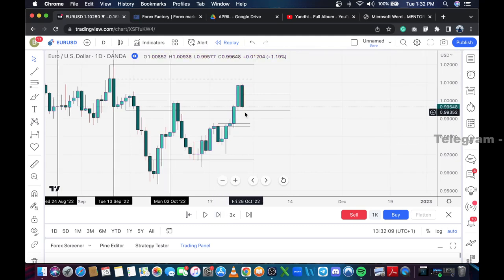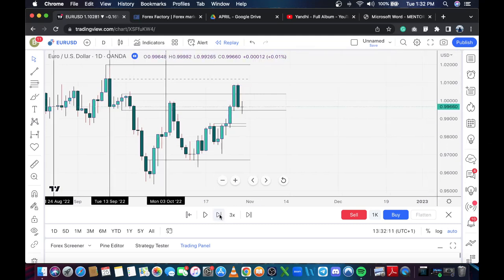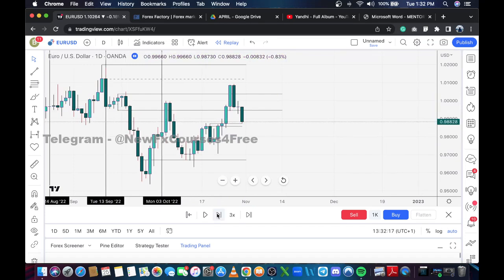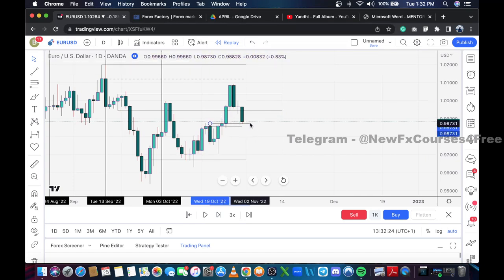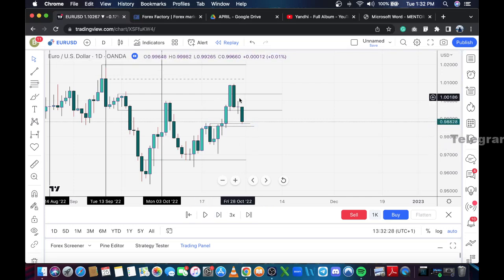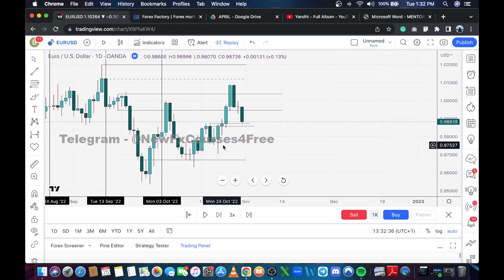You can see price trades up there. We have a fair value gap here inside our mitigation block. It trades down into a fair value gap and back into an old bullish order block. Does this mean we're now bearish? Let's see. If euro dollar is running higher, then dollar has to be running lower for positive correlation.